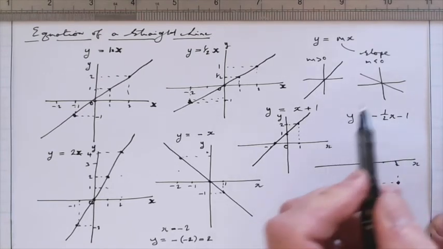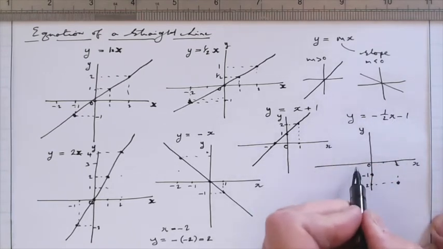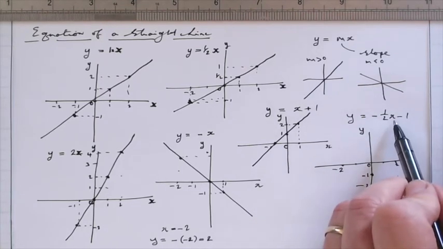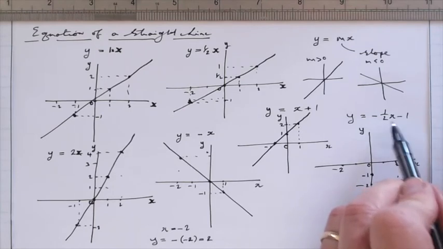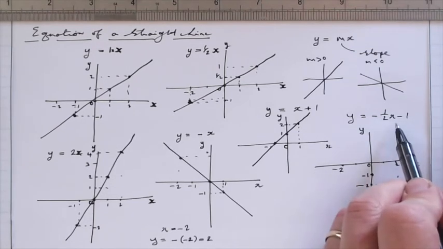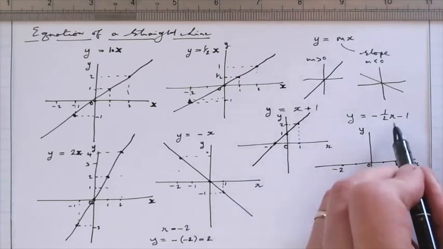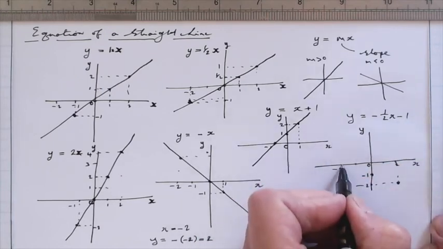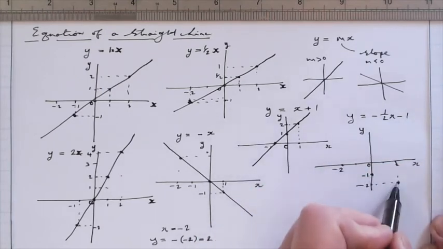And then let's just take x to be negative 2. If x is negative 2, we have negative half times negative 2. A negative times a negative is positive. Half times 2 is 1. And then we take 1 from that, and we have y is 0. So these are 3 points on the line.